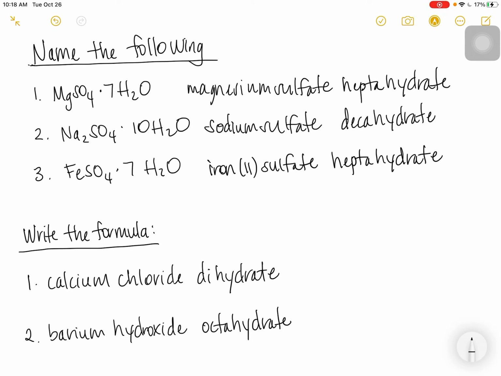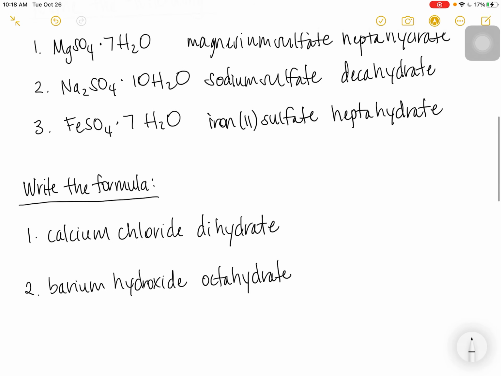And then as you can guess, going the reverse direction is just as easy. You write the formula for the ionic substance, and then you reference the prefix with the amount of H2Os. So calcium chloride, of course, +2 -1, so CaCl2. Dihydrate, so we put the dot. That's just the way that they're written. Di means 2, so 2 H2Os.